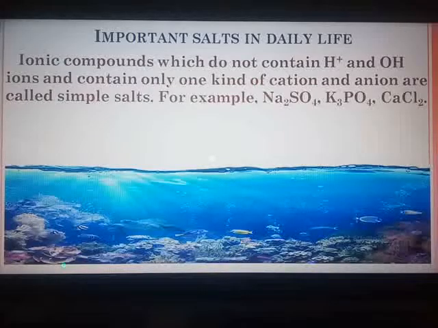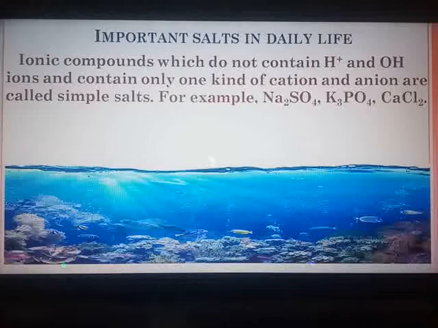The different examples are sodium sulfate, potassium phosphate or calcium chloride. Now, inorganic substances, you know about the organic substances we have studied in chapter number 13, substances which contain carbon. But here we are speaking about inorganic substances. They occur naturally in the form of salts rather than acids or bases.